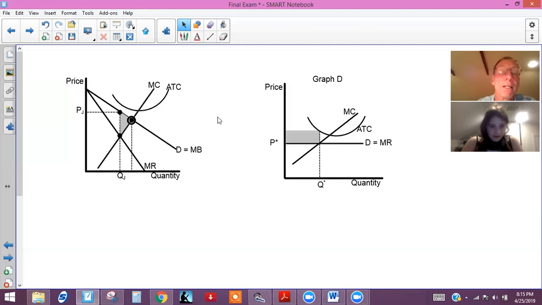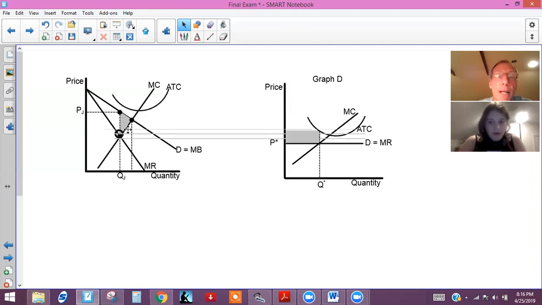So in a monopoly, because they charge a price higher than the socially optimum or the allocatively efficient price, and they produce an output less than the socially optimum or the allocatively efficient output, then we have a deadweight loss right here in a monopoly.